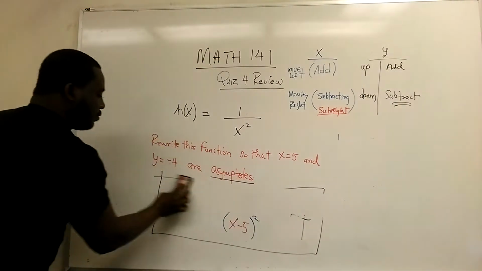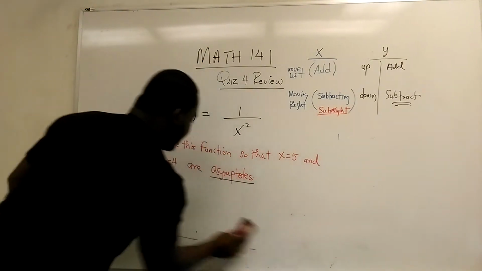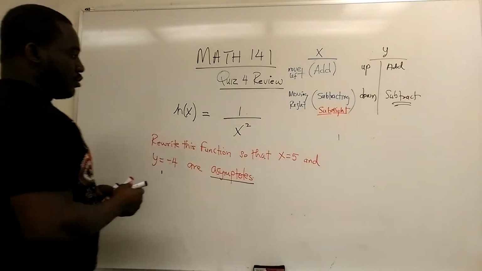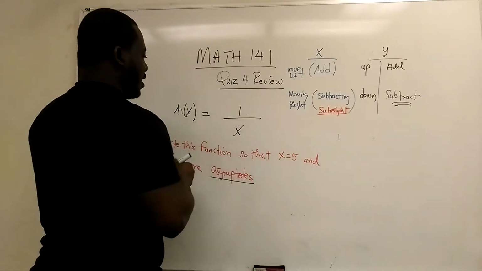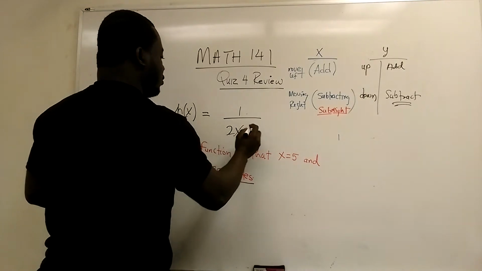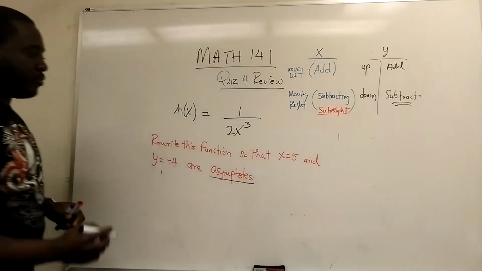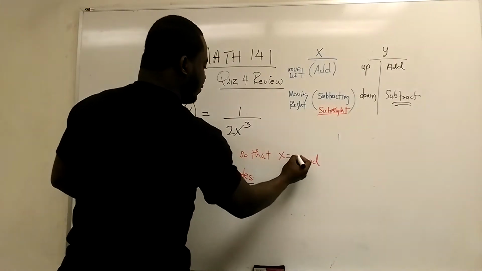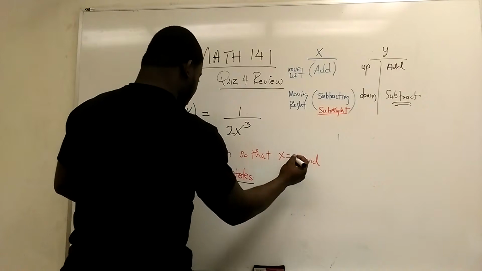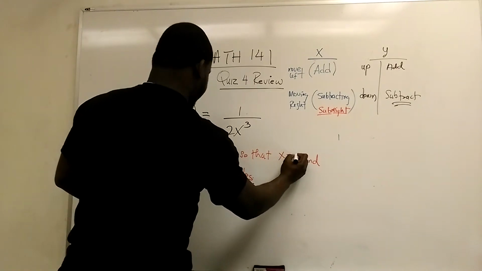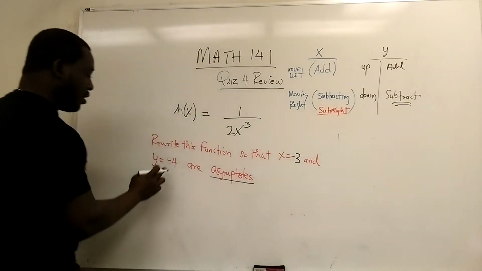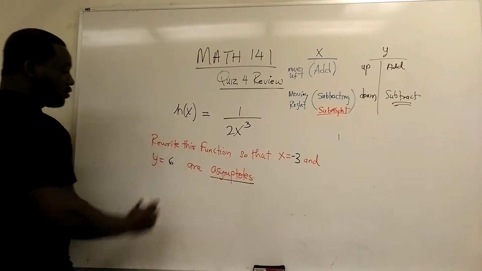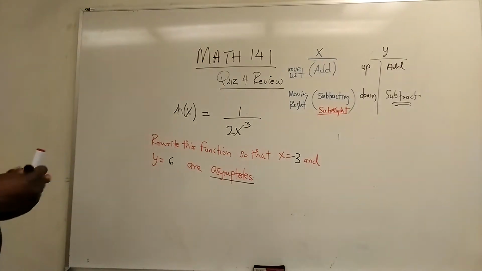Alright, let's try another one. Let's keep this asymptote right there. We'll try another one that has logs in it. So let's say 2x cubed, such that x is what, 5. The other one was 5, so let's make this negative 3 and positive 6 are asymptotes.